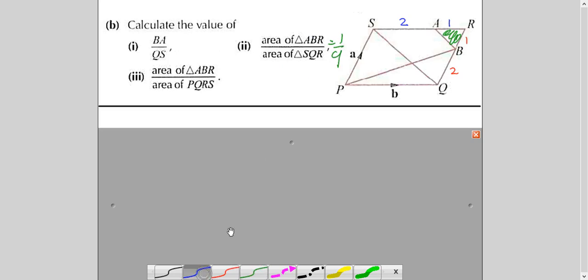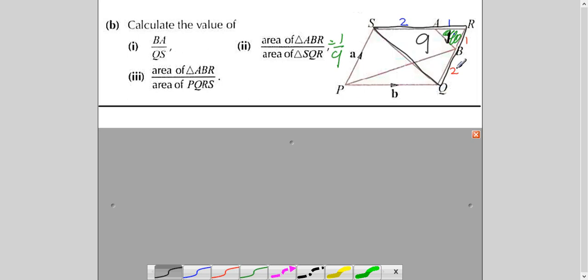It means in this triangle the ratio is, let me use black color for example, this is 1 and this whole thing from here till here is 9. This has ratio 1 and this whole figure has ratio 9. Now the question is asking for this small triangle with this big thing. So what should you do?